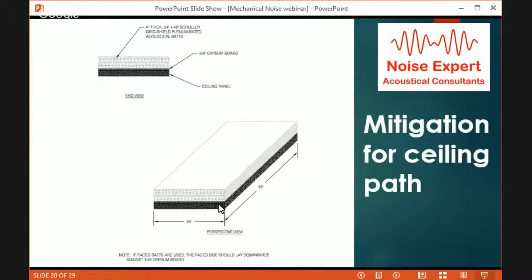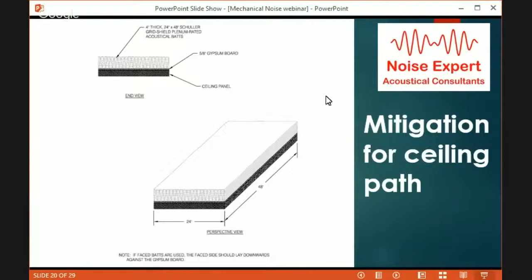You can also, after the fact, use a system that Armstrong and other manufacturers sell, which can be placed on top of a ceiling, where you put gypboard and then fiberglass board.